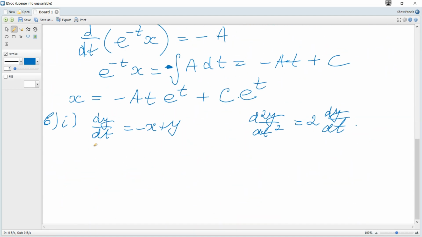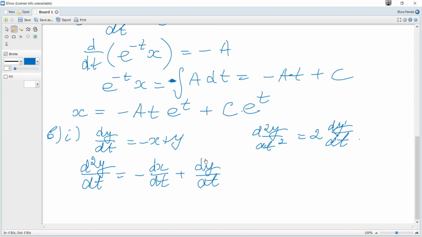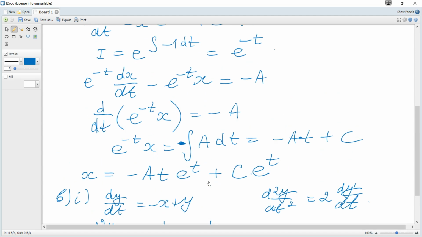So let's differentiate to get the second derivative. It becomes −dx/dt + dy/dt. We need dy/dt only, so we need dx/dt in terms of dy/dt.